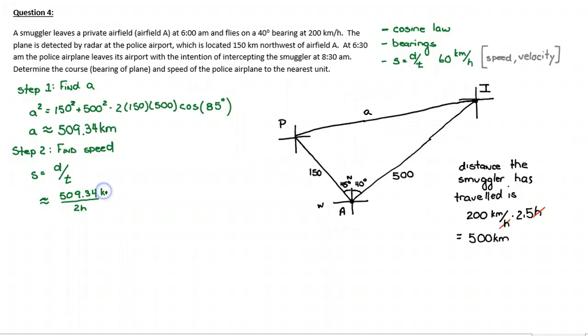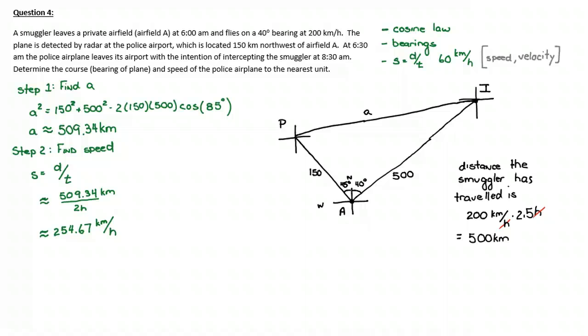Let's put the units here, because notice kilometers per hour, my units work out. So we get the speed is approximately 254.67 kilometers per hour. So now we've solved for the speed of the plane.